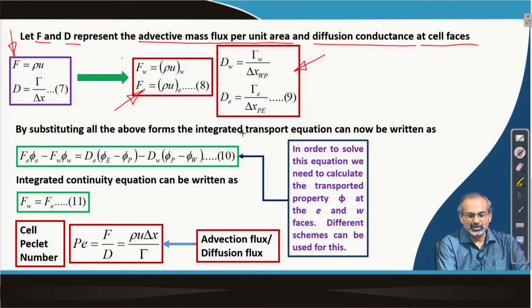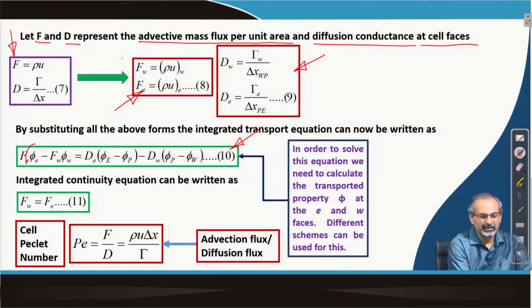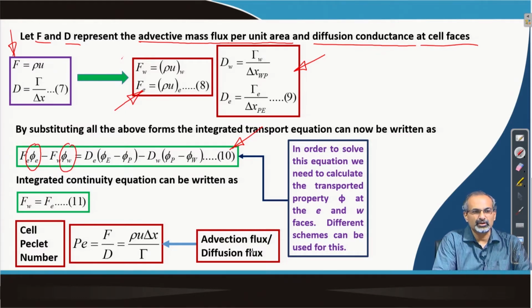And then you finally substitute them in the integrated transport equation, which looks like equation 10. You then realize that in order to solve this equation, we would certainly have to define the phi's at the small e and small w locations.